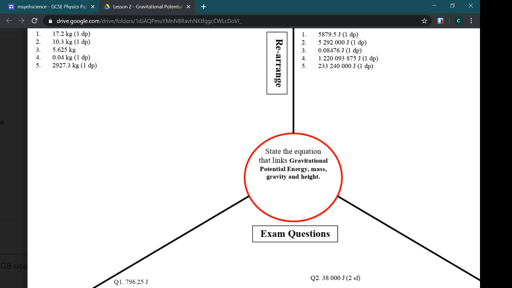Any other ones that we got stuck on, or are we okay?